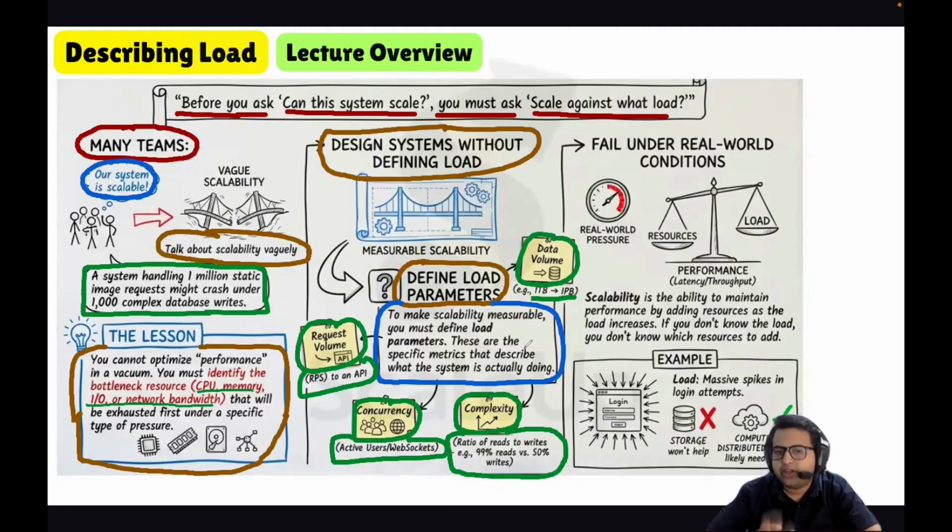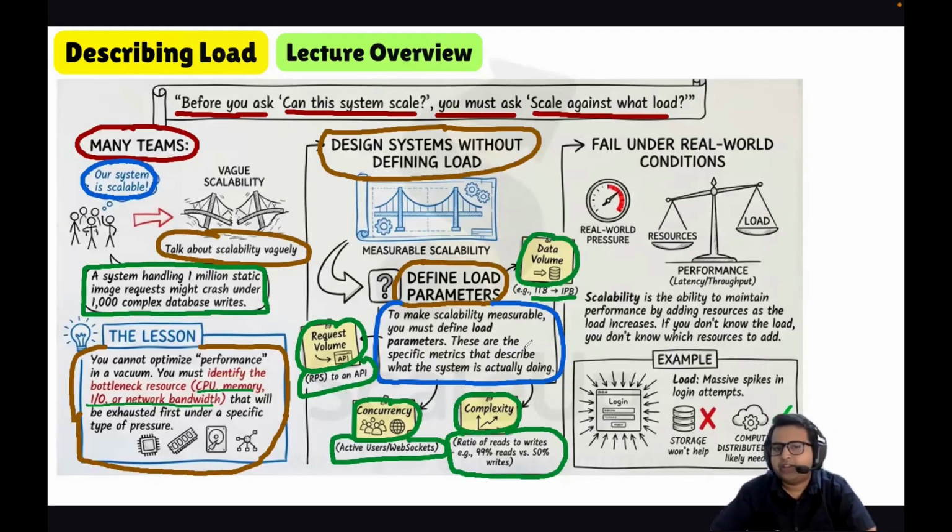So the read write ratio, the complexity, plays a very important role. Now it's very clear that when we are designing the system, first we have to define the load, even before starting to design the system. If we define the load using the load parameters, we make scalability measurable.